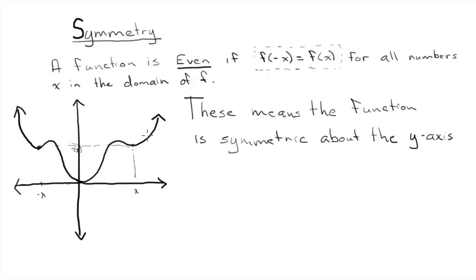Every point here is matched up with a point directly opposite on the other side of the y-axis. So you end up with a mirror image, which is what this means over here. Whatever x is, f at negative x has to be the same.